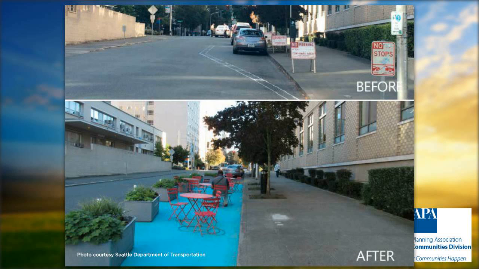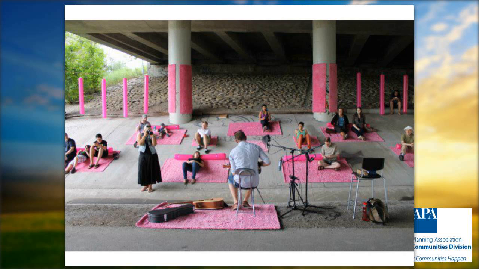Tactical urbanism, like this underpass of Ottawa's Queensway, was taken over by acoustic guitars and hot pink shag carpets. This is my last example of the show and tell pattern that can help build momentum and progress while demonstrating the vision of the community.